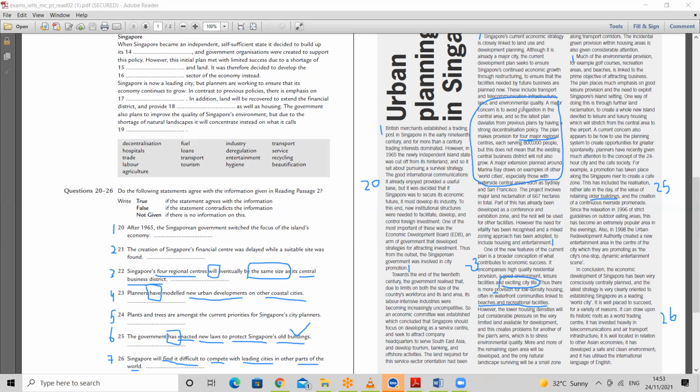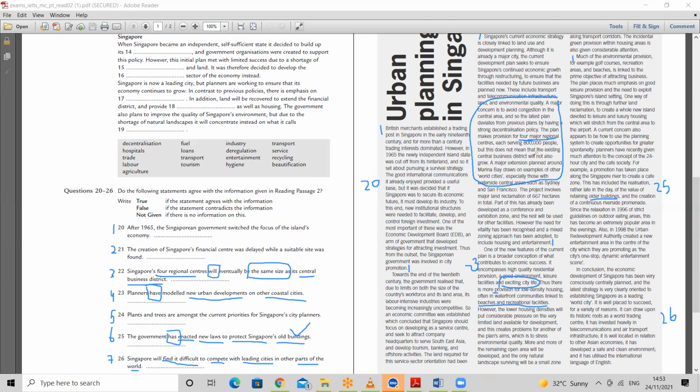It says that a major concern is to avoid congestion in the central area, and so the latest plan deviates from previous plans by having a strong decentralization policy. The plan makes provision of 4 major regional centers serving each 800,000 people.